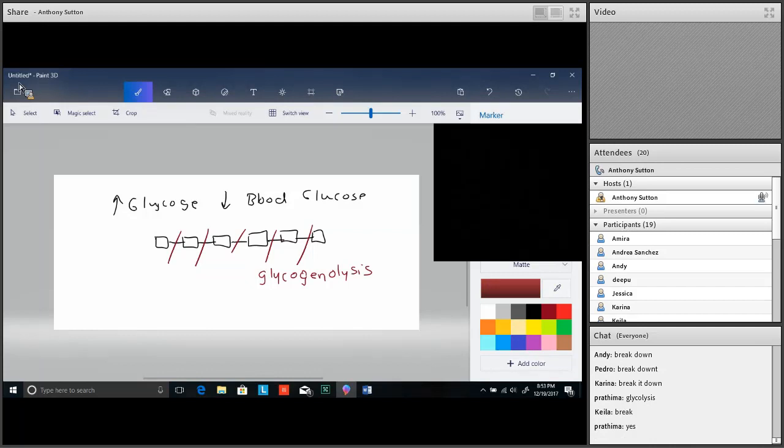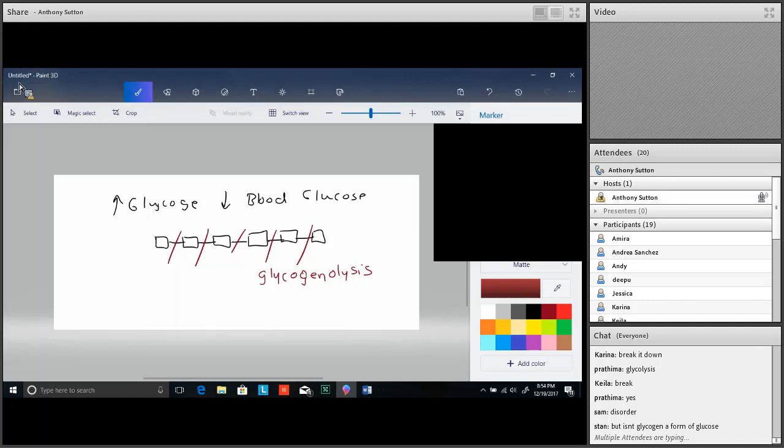Now, what if something was wrong with the enzyme that breaks the glycogen down? What would happen? Right, but what would happen though? What do you think I would expect to see? Glycogen is the storage form of glucose, right?